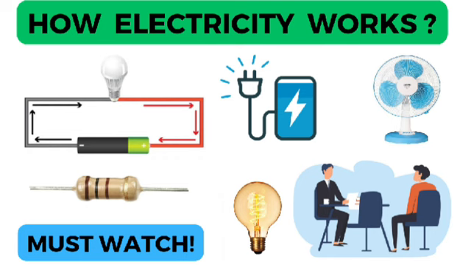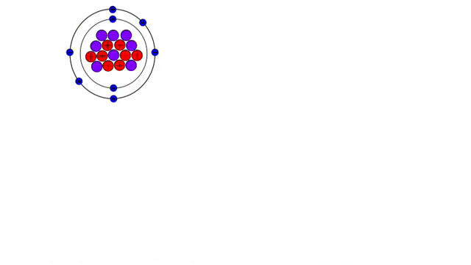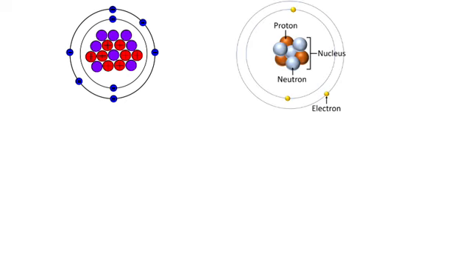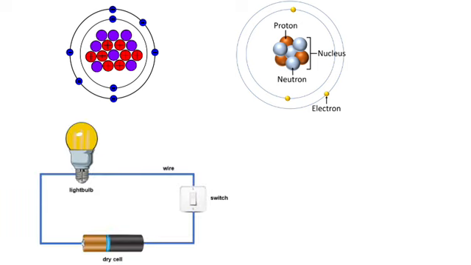Before going to know about how the electricity actually works, we must have some basic knowledge regarding the atoms and the free electrons in an atom, the flow of electric current in an electrical circuit, the concept of voltage, and also the resistances in the electrical circuit.